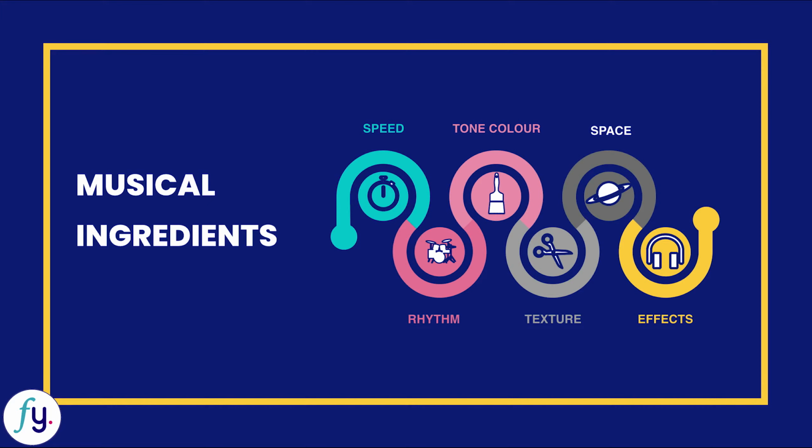But we also need to balance the amount of chocolate, eggs, and flour required in order to bake a really successful cake. Otherwise, it might end up flat or not fluffy enough. It's the same with your song. Too much of one of these musical ingredients can mean that your song tastes too sweet or too sour. So how do we know how much of each musical ingredient to add?